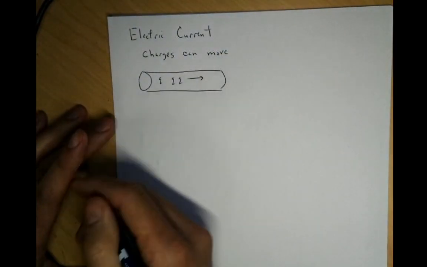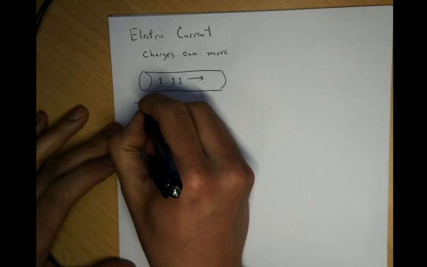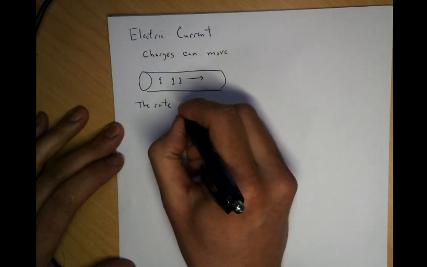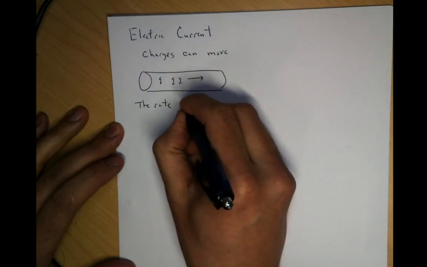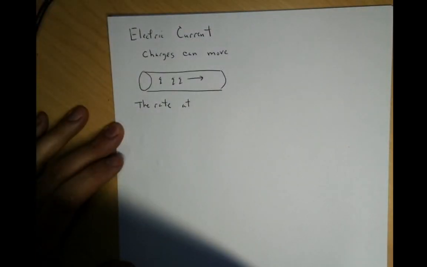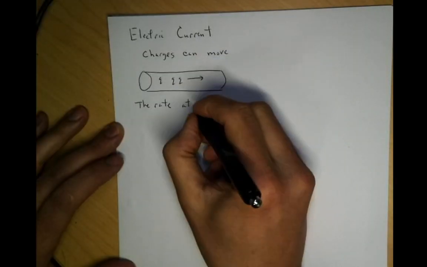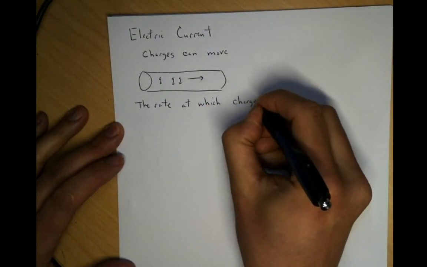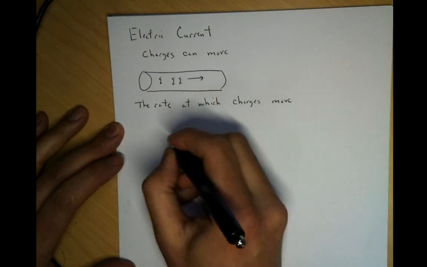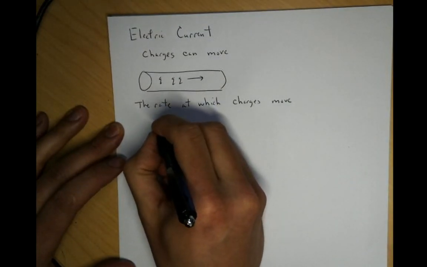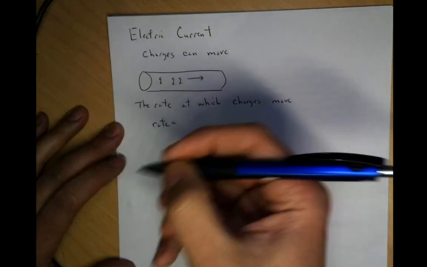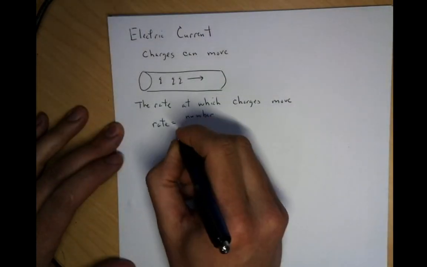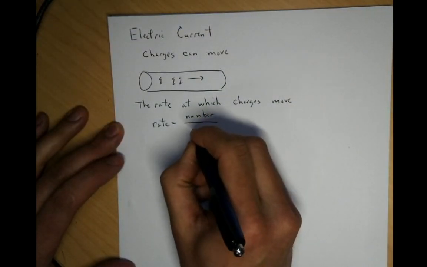All right. The rate at which charges move, you can imagine basically the rate is equal to a certain number of charges that move through some region divided by the time.